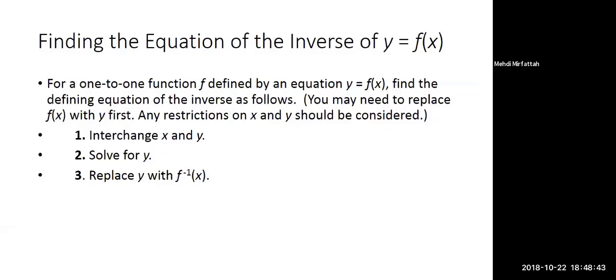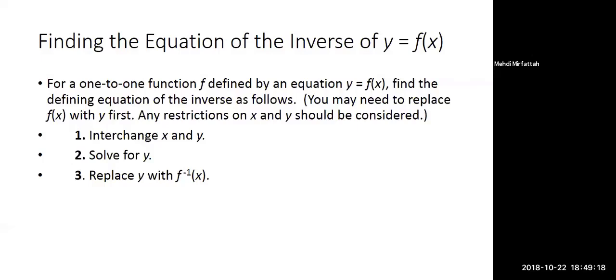For a one-to-one function f defined by the equation y equals f of x, define the equation of the inverse as follows. You may need to replace f of x with y first. Basically, there are 2 steps involved in finding the inverse function. The first step is to look at your equation and replace x and y.